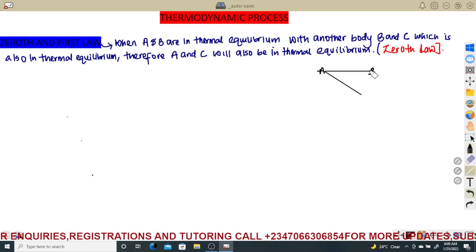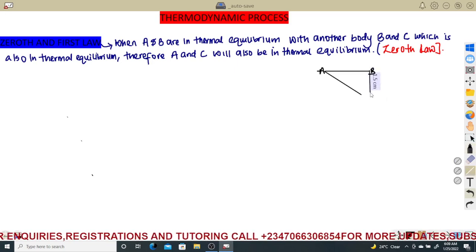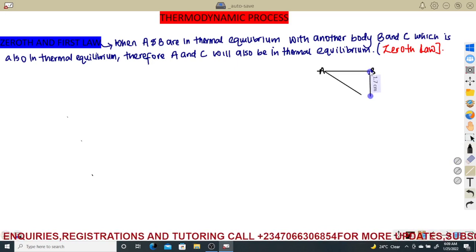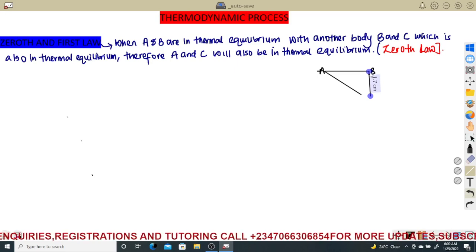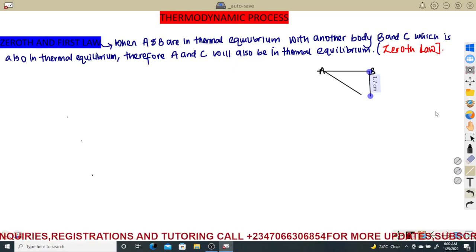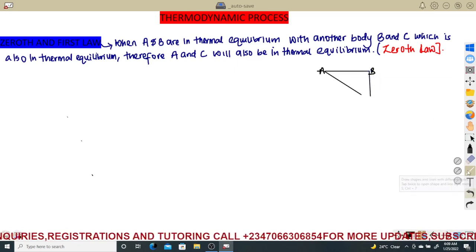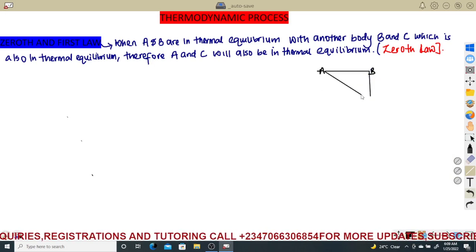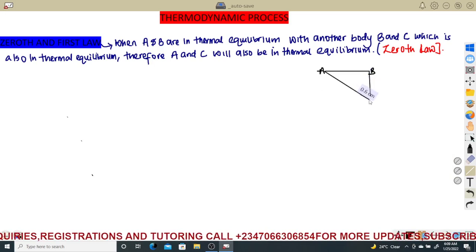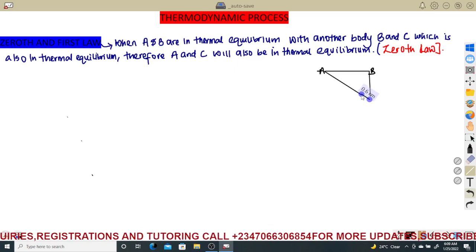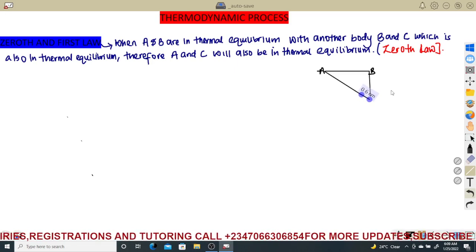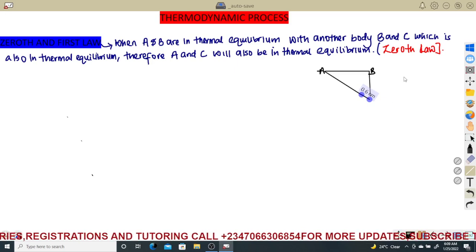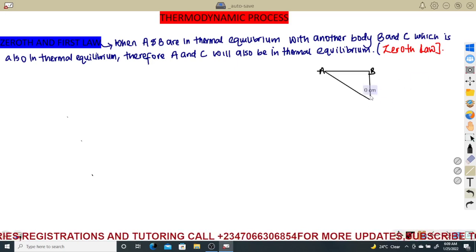This is the body B and C. They are in contact. So if A and B are in thermal equilibrium and they are in contact with each other, what this is telling you is that B and C is also in contact with A and B. Diagram not drawn to scale.